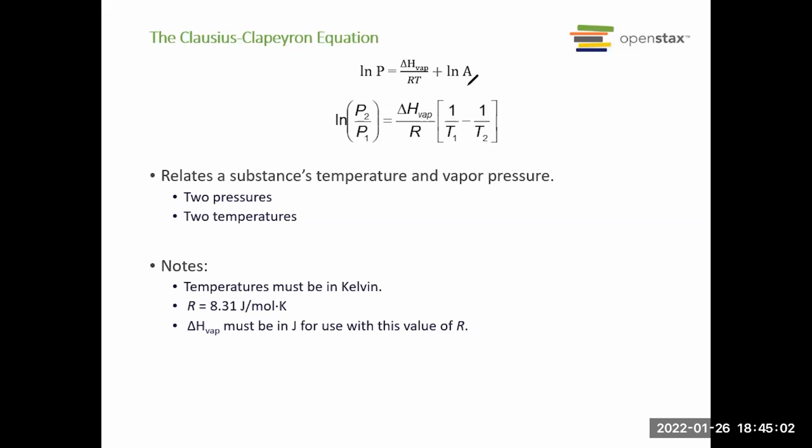We can calculate the pressure at that new temperature if we have the delta H. In that case, we can change our equation. If we plug in the two different temperatures, we end up with ln of P2 divided by P1 equals delta H vap divided by R, multiplied by 1 divided by T1 minus 1 divided by T2.